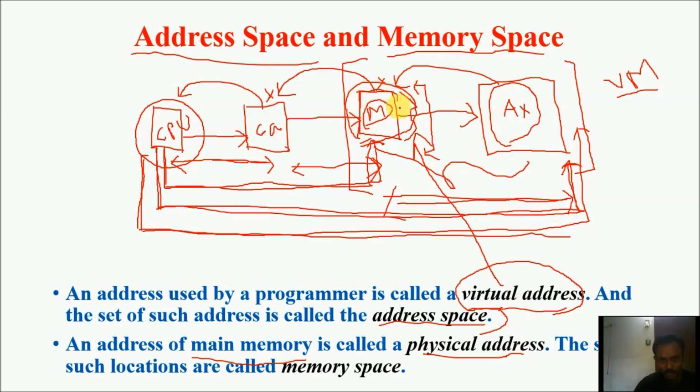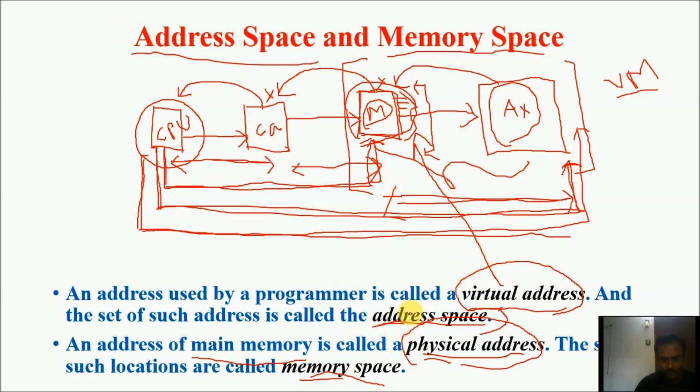Originally the RAM size or primary memory size is fixed, and the address of the main memory is called the physical address, and the whole set of physical addresses is called the memory space. The whole set of virtual addresses is called the address space, and the whole set of physical addresses is called the memory space.